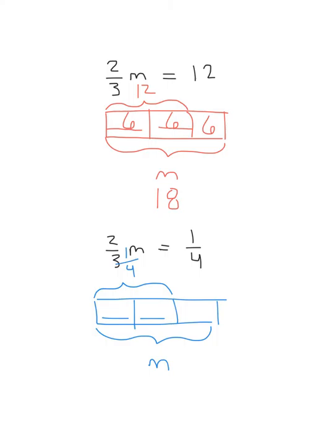Well, I have to remember that 1/4 is the same as 2/8. So 1/8 plus 1/8 is 1/4. Now, if these bars are 1/8, this bar must be 1/8 as well. So we know m must be 3/8.